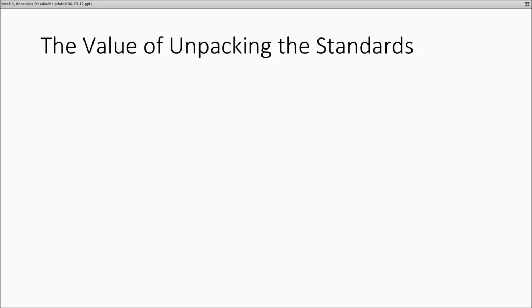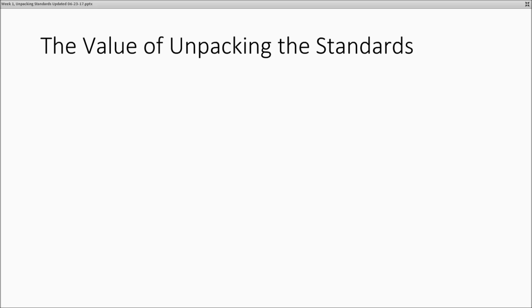So what's the value of this work of unpacking the standards? Well, again, standards-based education is not new. It's something that we found important for decades. Again, using standards will guide teachers to develop lessons and activities to measure whether students are meeting these expectations of these standards. We know that the CCRS are complex.